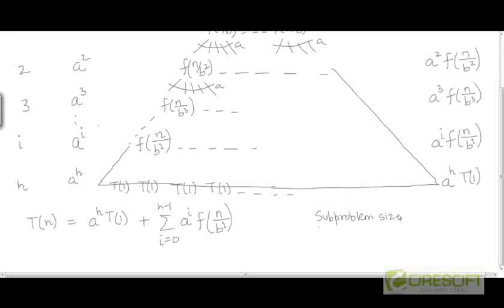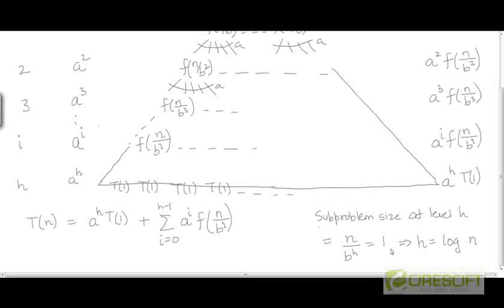Okay, so the subproblem size at level h would have been n by b to the power h. So we would have had T of n by b to the power h when we created level h. But then level h is the bottommost level. This means n by b to the power h is 1. This means we can express the height of the tree in terms of n.